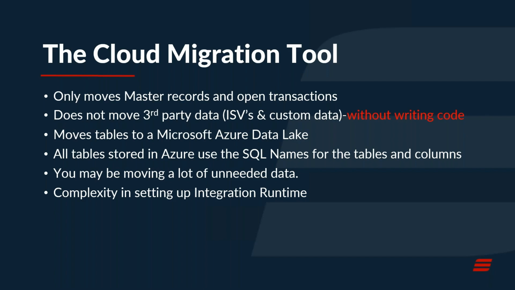Anything you have in an extender, obviously, is a pretty big one, but it's other third parties as well, other ISVs, any other custom data that you have. They aren't aware of that, and so you really can't move that to the data lake without writing code. If you don't want to write a bunch of AL code to move that to custom tables or a custom data lake, that's not there.